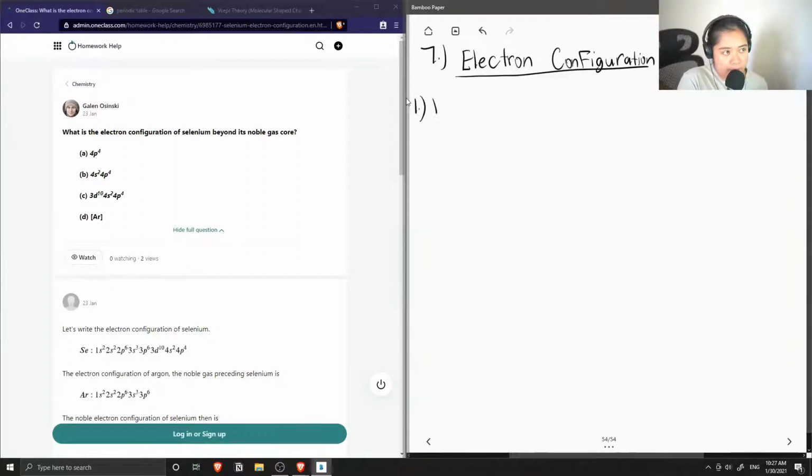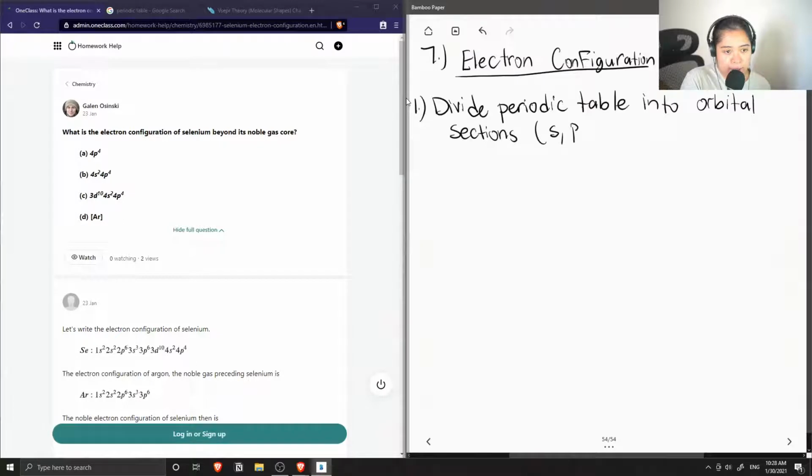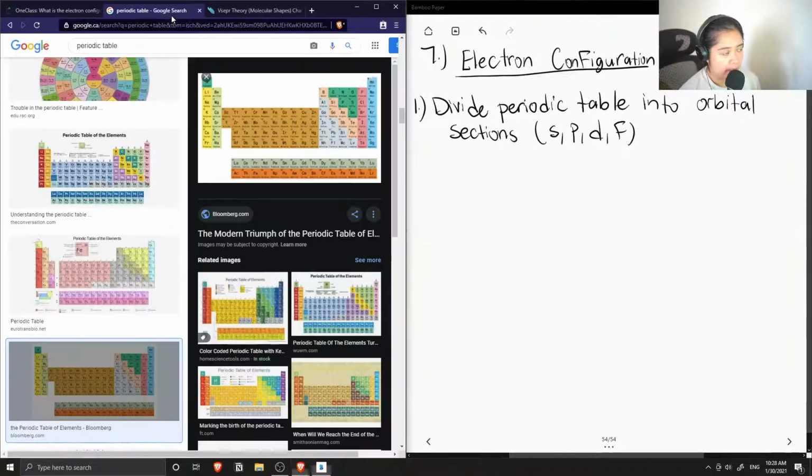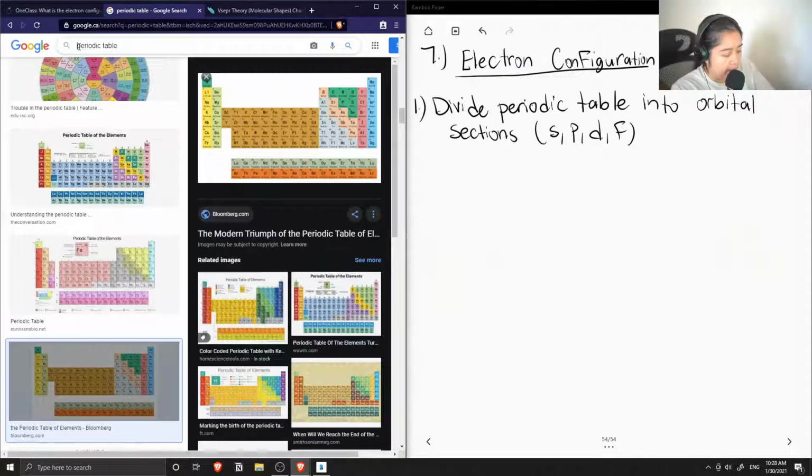So the first step is to divide our periodic table into the different orbital sections. So for example, S, P, D, and F. Typically in a chemistry exam, you're given a periodic table, so it's important to know how to divide it into these orbital sections. So let's look up what that might look like.